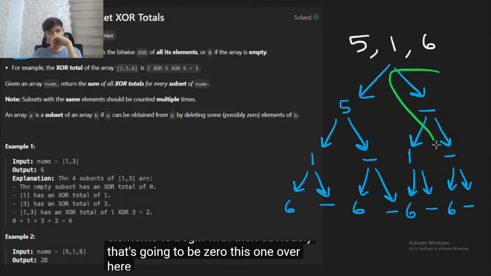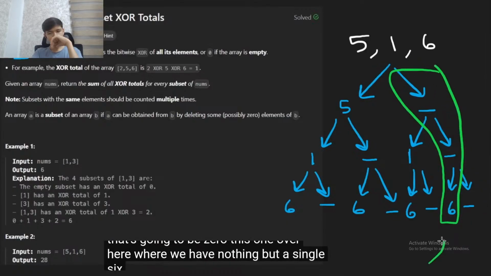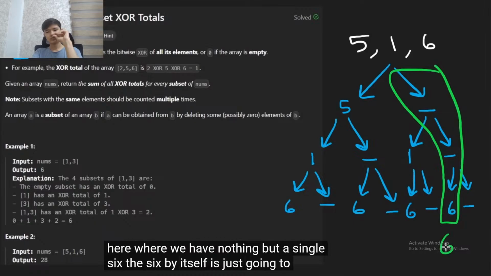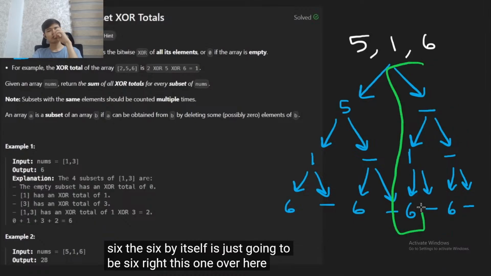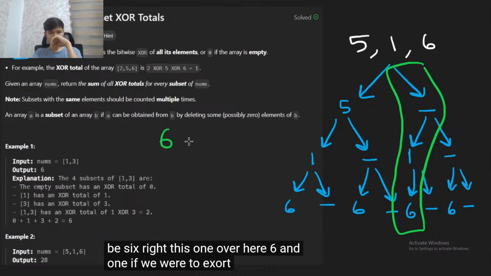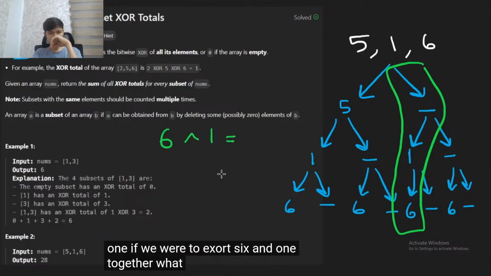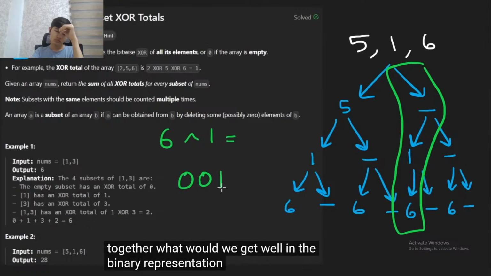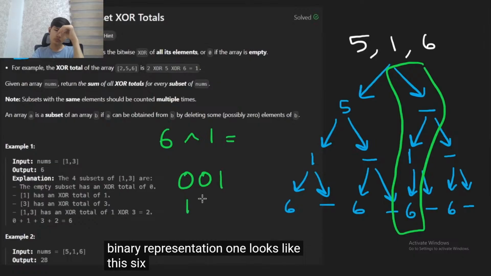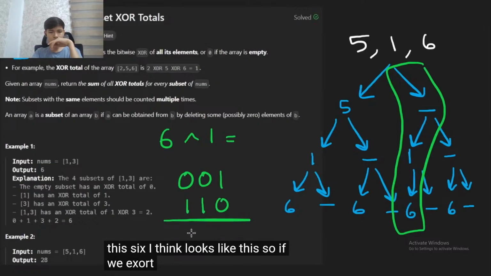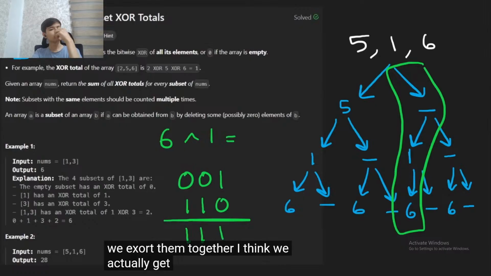This one over here, where we have nothing but a single 6, 6 by itself is just going to be 6, right? This one over here, 6 and 1, if we were to XOR 6 and 1 together, what would we get? Well, in the binary representation, 1 looks like this, 6 I think looks like this. So if we XOR them together, I think we actually get 7.